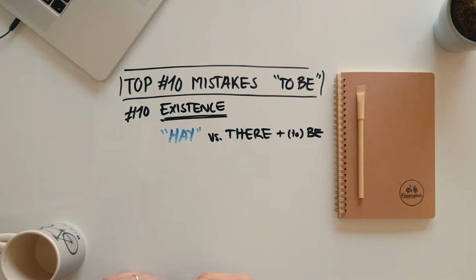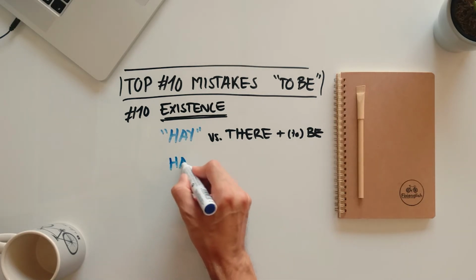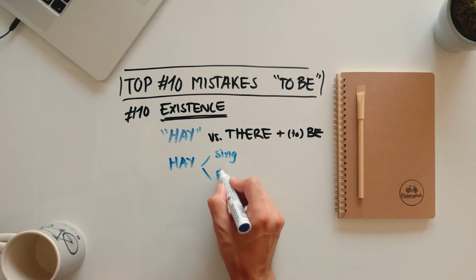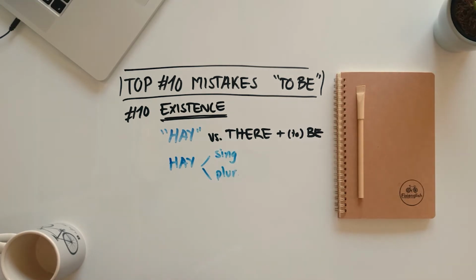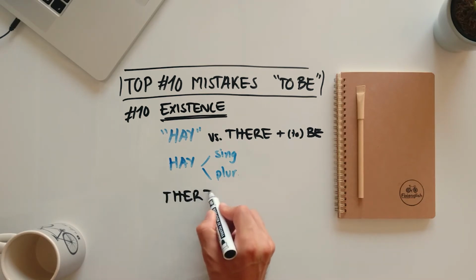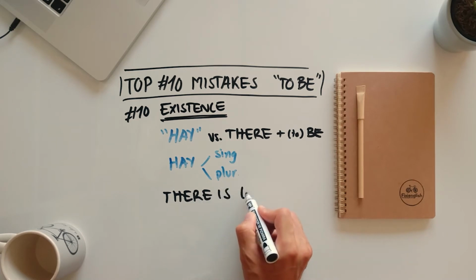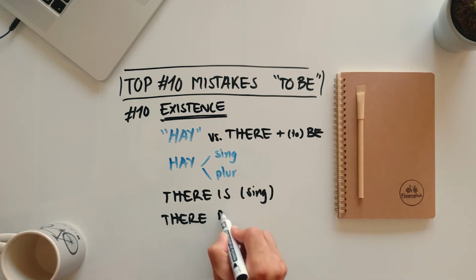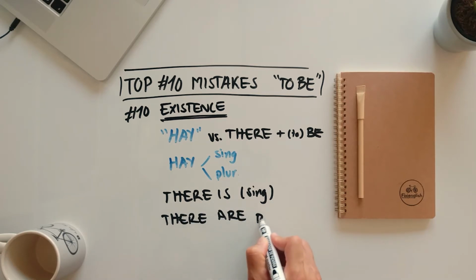The common mistake with this is that normally in Spanish you would use the same form for both singular and plural. But in English, we actually use two different forms. We have there is for singular, and we have there are for plural.